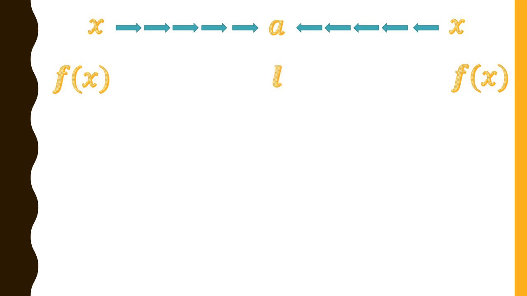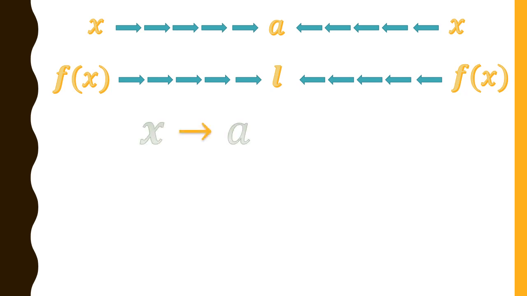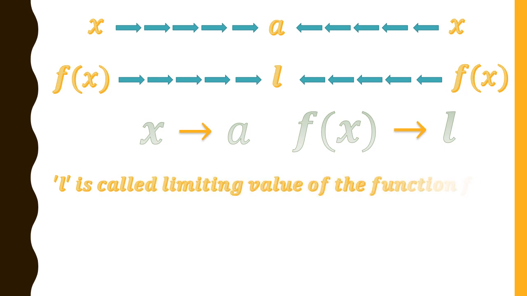When we take x nearer and nearer to a, f(x) also gradually goes nearer and nearer to L. We call it x tends to a, then f(x) tends to L. That is x tends to a and f(x) tends to L. Then that L is called the limiting value of the function f(x).